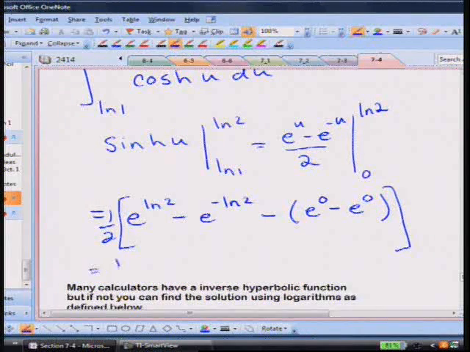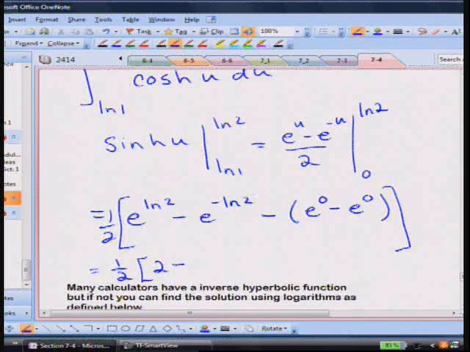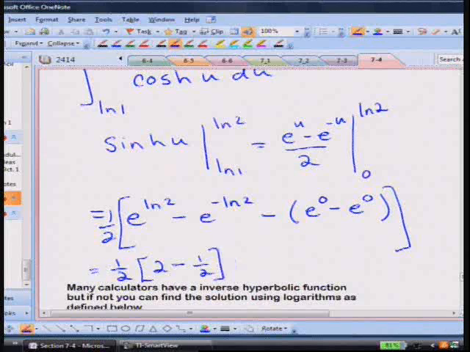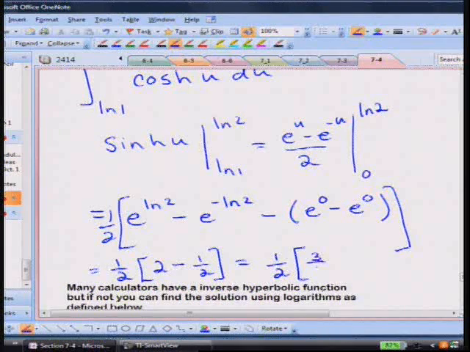All right, so this is going to be 1/2. E to the ln 2 is just 2 minus, this negative can come up front, so it's 2 to the negative 1, which is 1/2. And so then this is 1/2 times 2 minus 1/2, which is 3/2. So this is 3/4.